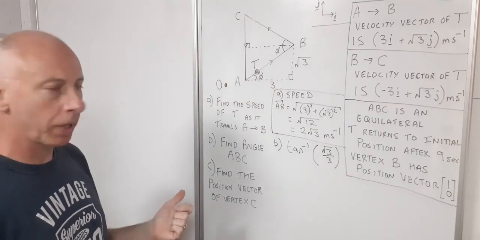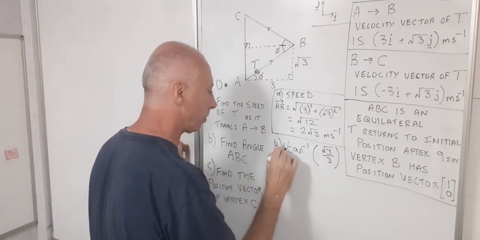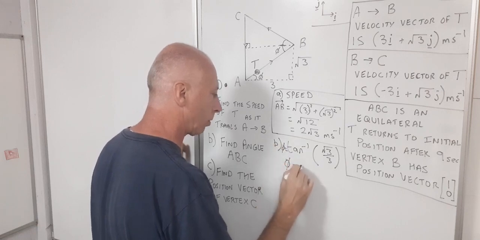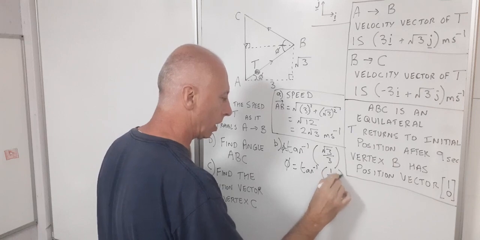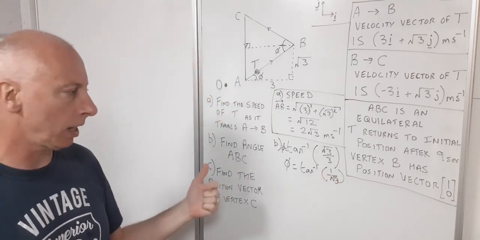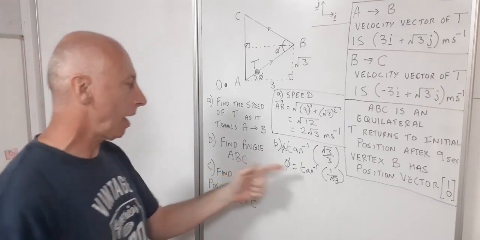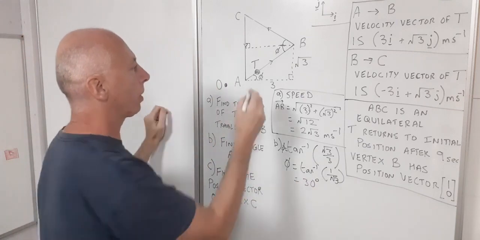If you divide everybody by root 3, let's just write down phi equals. So we then get phi equals inverse tangent of 1 over root 3. Now we know that's a standard trig value in our unit diagram. That one there is 30 degrees. So we're happy with that.